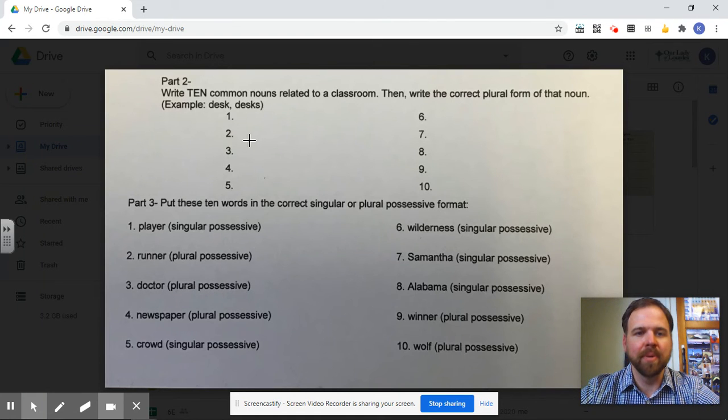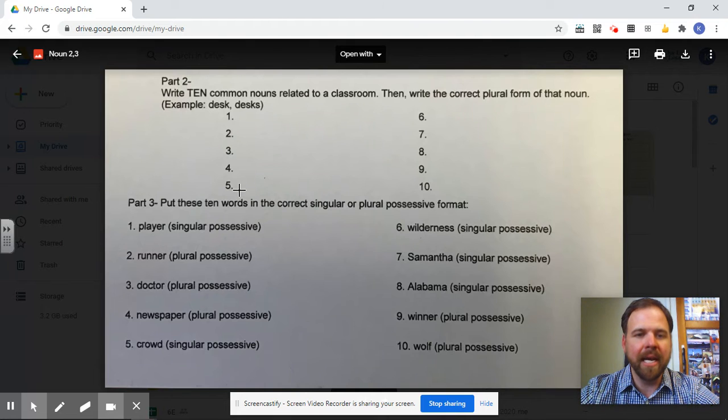So you could put student and students and on down the line. The only tricky part is if it changes the spelling, and sometimes you have to watch for that. If you pick a word that, when it goes from singular to plural, does not become just adding an S on the end, then you've got to watch for it. So that's part two. Common noun, and then you can put a comma or a dash in between, and then put the plural form.